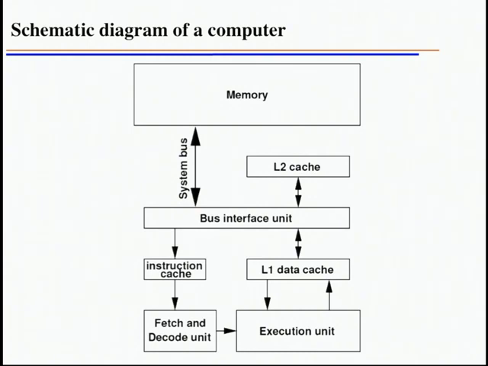We basically have the memory on top, and all this down here is what is contained in your CPU, in your central processing unit. So what you typically think of is the execution unit that's actually executing your code. But for that to happen, there's some stuff around.